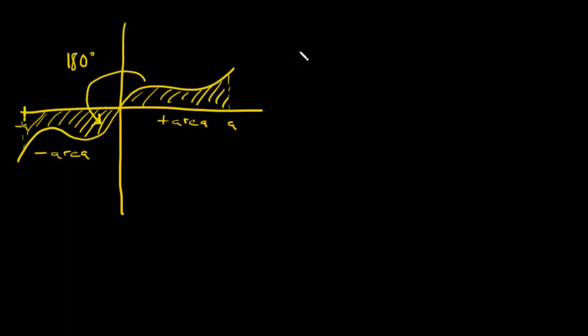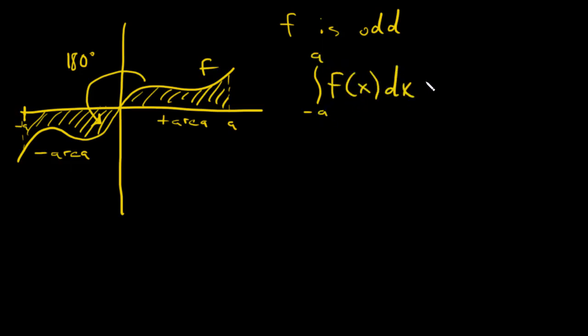So if let's say this is f, and f is an odd function, then the integral from negative a to a of f of x dx equals 0. Because the negative area is going to cancel the positive area when I go from negative a to a. Simply because an odd function is basically the same function rotated 180 degrees around the origin.